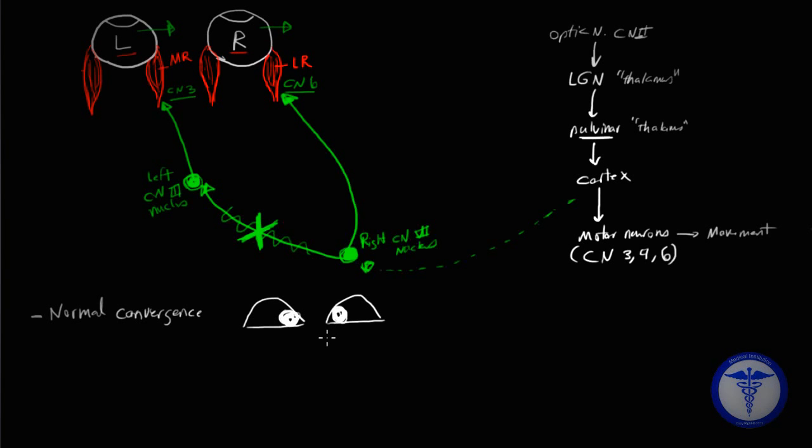And the reason for this is because they are getting information directly from the cortex into the cranial nerve 3 nucleus on both sides. So the cortex is going to send signals directly to the cranial nerve 3 nucleus on both eyes, on the left and the right, which we didn't draw. So that's why there's no MLF involvement, and they can converge both eyes medially.